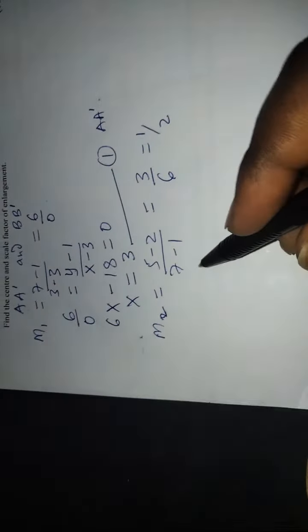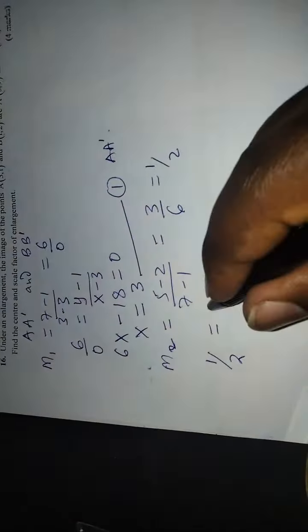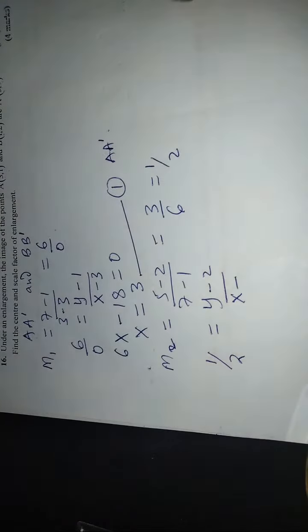This is to mean that now we will have half as the gradient being equal to, we take a coordinate of B, and we let another coordinate be (x, y), so that we may make the equation of this straight line. So y minus 2 out of x minus 1. Then now we can cross multiply.